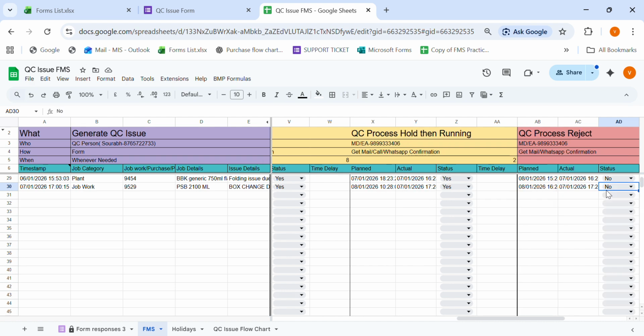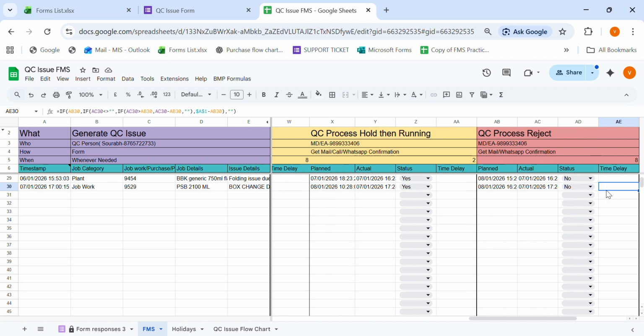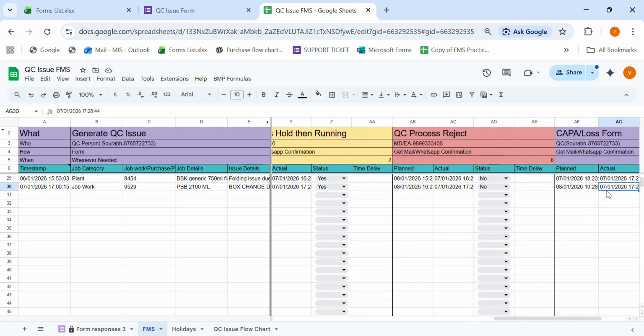Here, is the QC process rejected or not? If the process is running, then the process is not rejected. So the status is updated as no by the QC PC person, and the next step is the loss form.